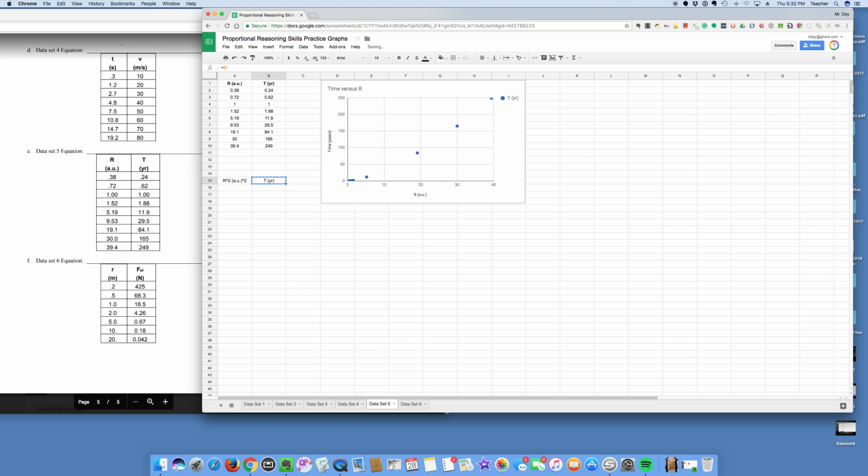So I'm going to copy this down. One more, there we go. And then I'm going to go equals, select that cell, and square it. Then I'm going to copy this cell down. Bam. And you can check, it's just squaring the appropriate R value.